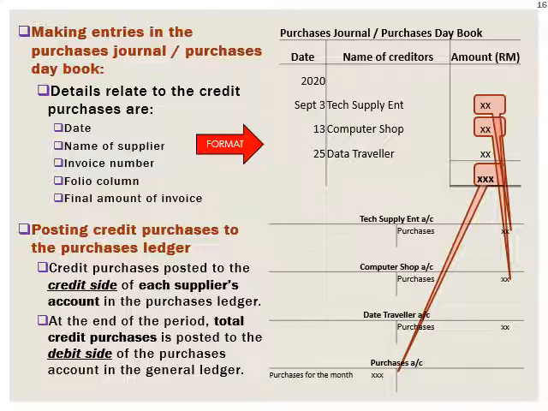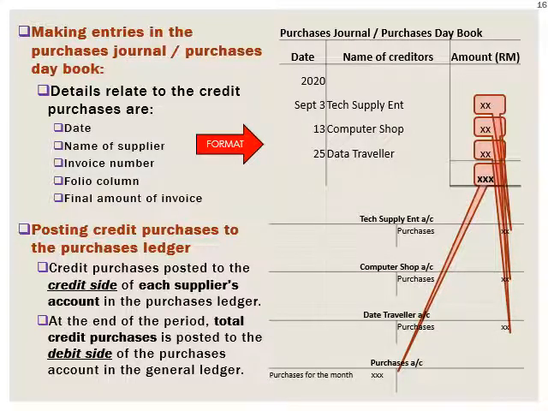As you can see in the slide given, we have three different creditors' accounts, which are Tech Supply T account, Computer Shop T account, and Data Traveler T account.